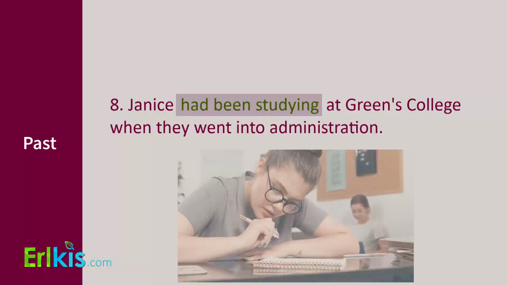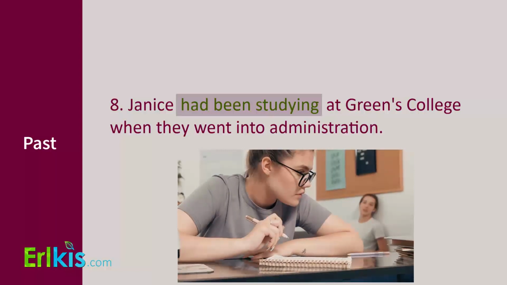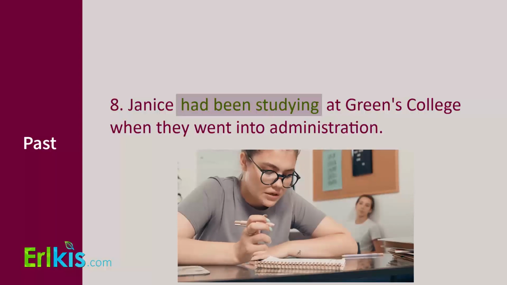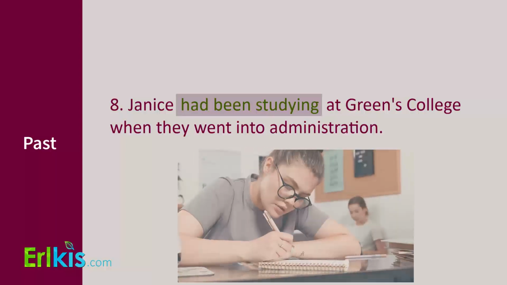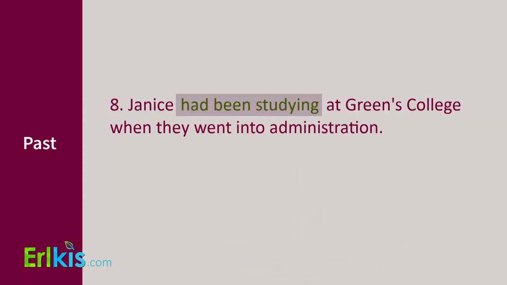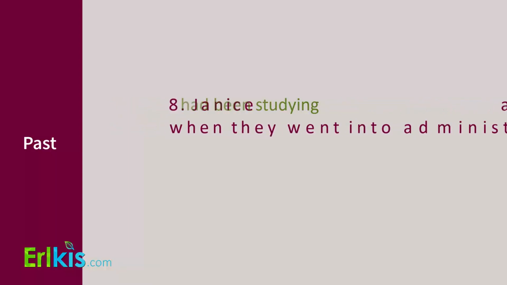Now, if you said had studied, well, you could say that, but it doesn't accurately tell you how long she studied at Green's College. If we say had been studying, it really refers and underlines the fact that it's a process, because to study is a process and it takes a long time, so duration.